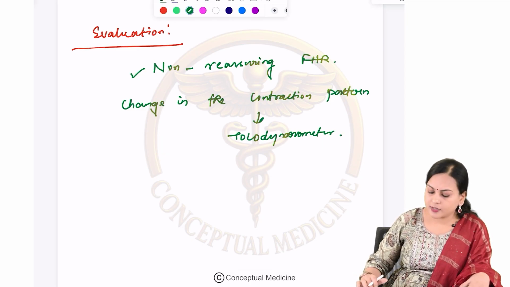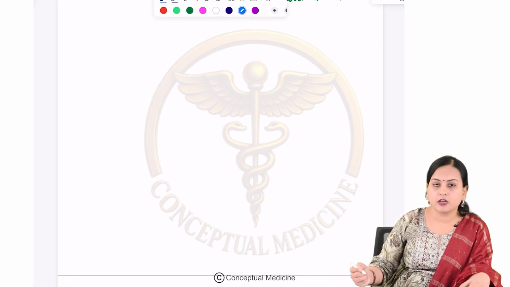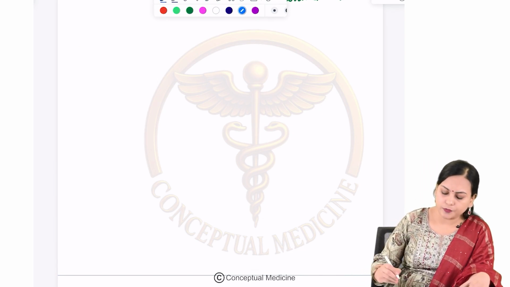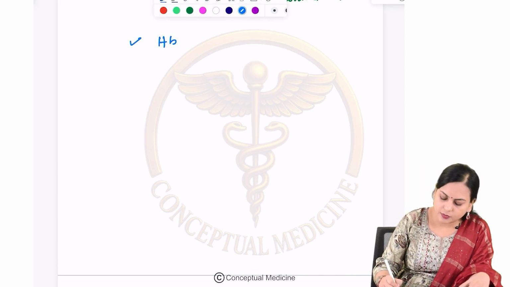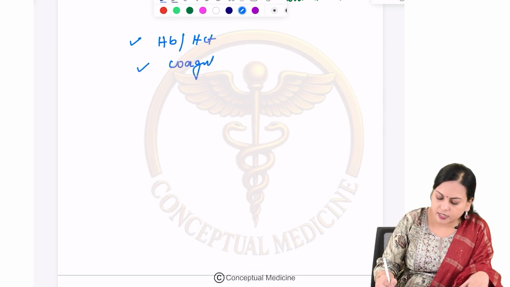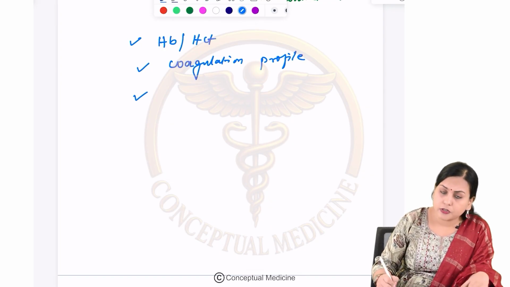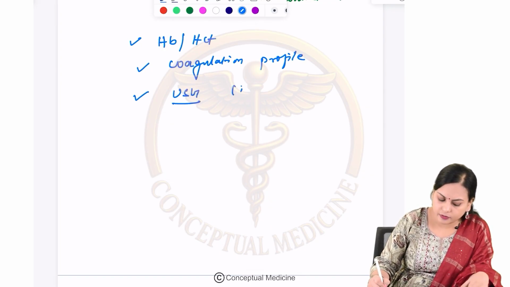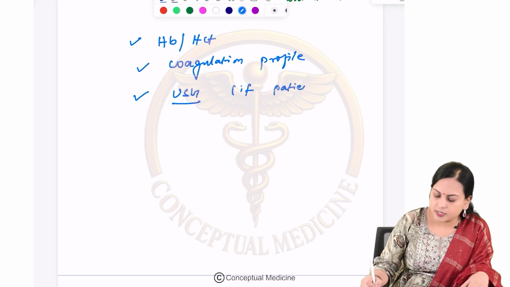Okay. So other associated investigations you have to send when there is a rupture uterus include hemoglobin or hematocrit, and you have to send the coagulation profile, and USG should be done if the patient is stable.